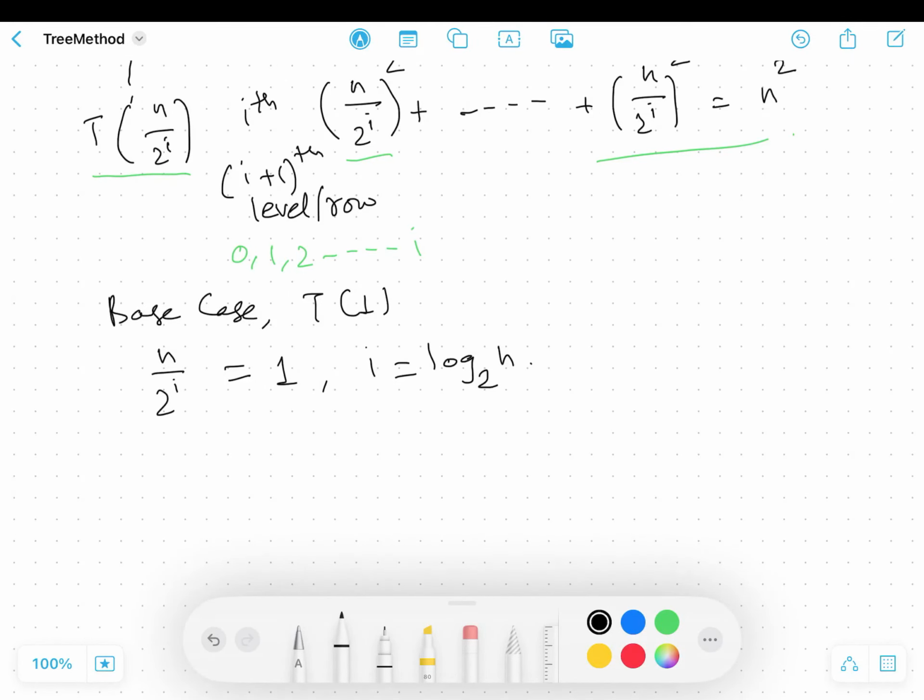So our recurrence will look like n square plus n square plus n square.